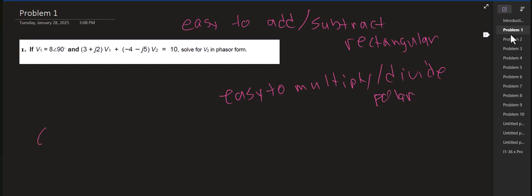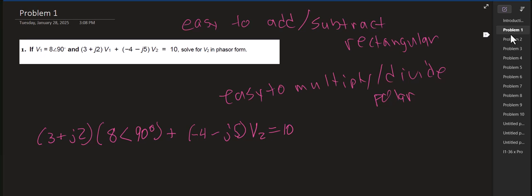So I have 3 plus j2, that's in rectangular form, times V1, which is 8 angle 90 degrees, plus negative 4 minus j5 times V2 equals 10. To solve this, I want to figure out, do I want to do this in rectangular or in polar?